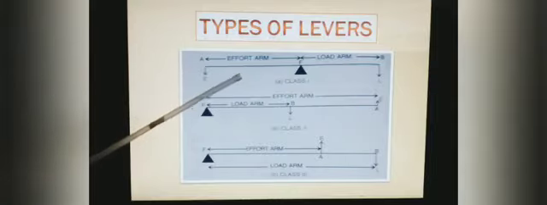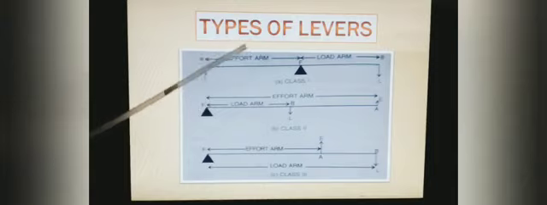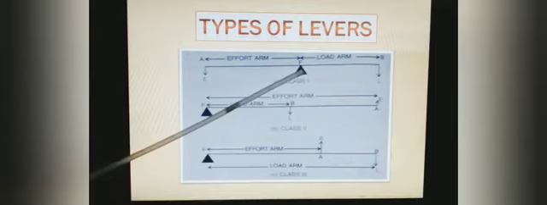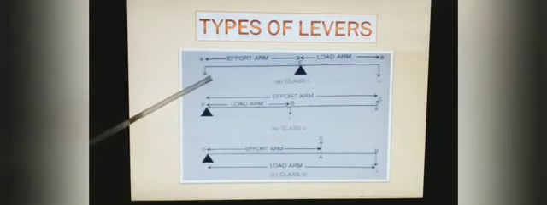Depending upon the position of fulcrum, load and effort, the levers are classified into 3 types: class 1, class 2 and class 3. In case of class 1 lever, fulcrum comes in between load and effort.